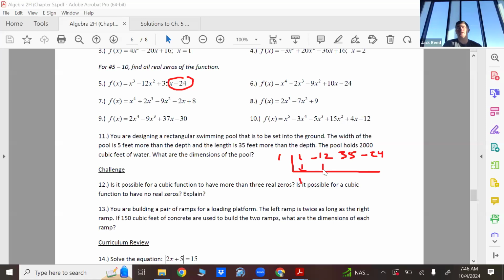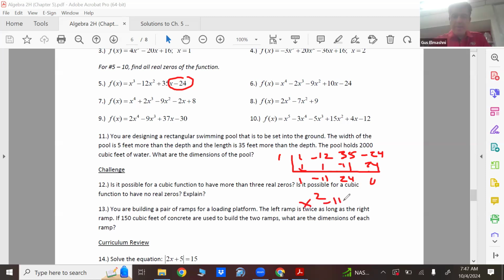And then you get negative 11. Then you add those, right? Negative 11. Then you put negative 11 down here. Put negative 11 times 1 there. You get 24 there. You get 0. That becomes x squared minus 11x plus 24.